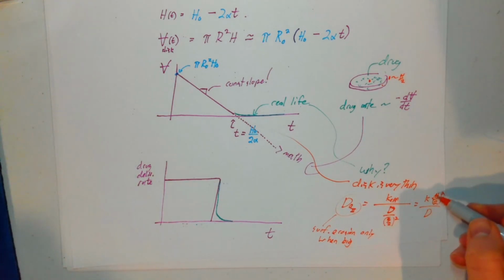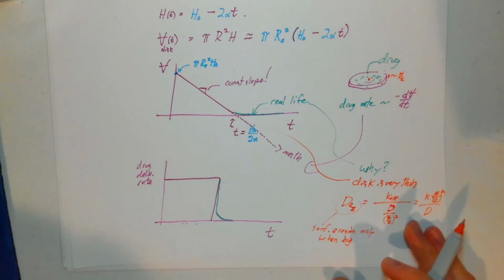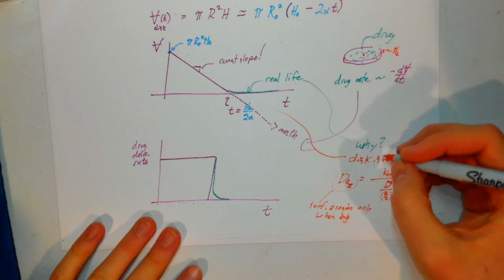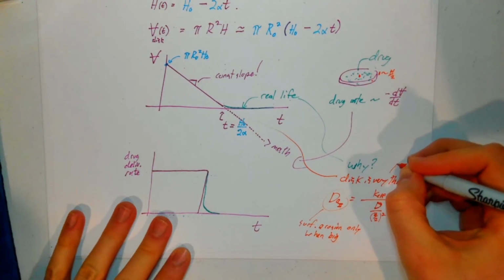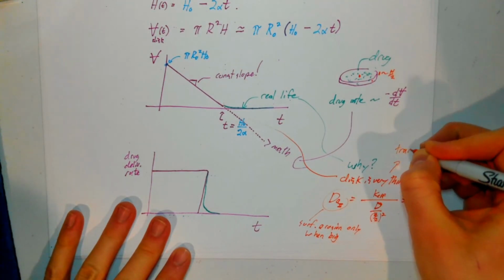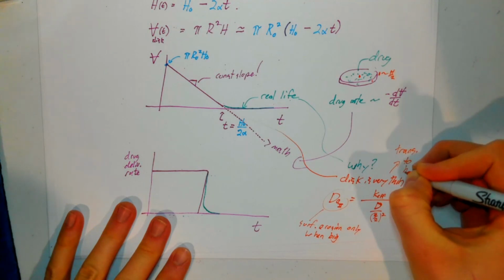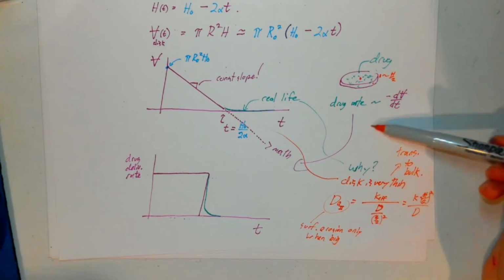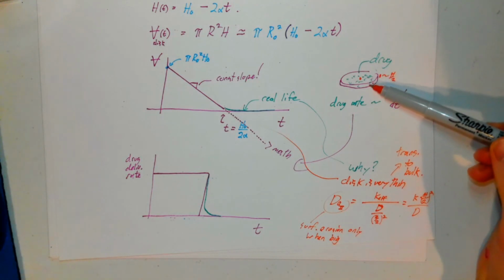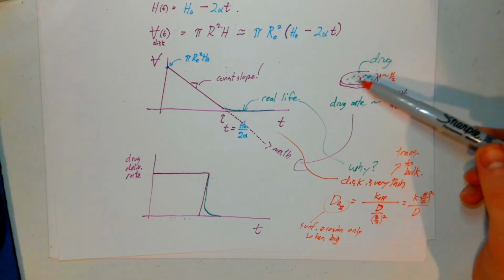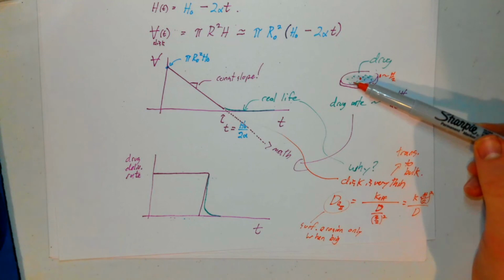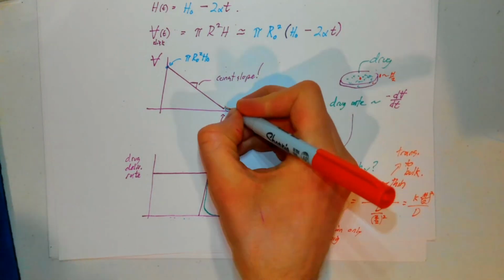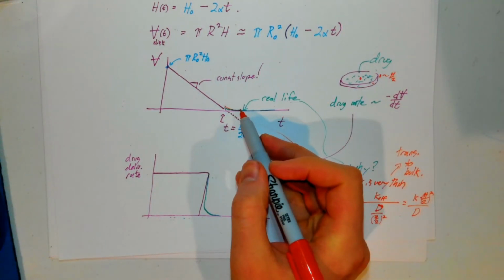And once h gets really small, the second Damköhler number gets small. Once the disk gets very thin, it transitions to bulk erosion. But hopefully by the time this has transitioned to bulk erosion, there's not actually that much of the drug left. So even though in real life it tapers off like this, who cares?